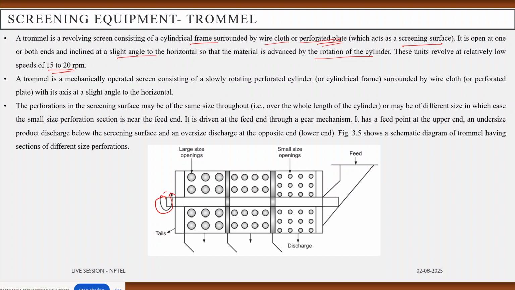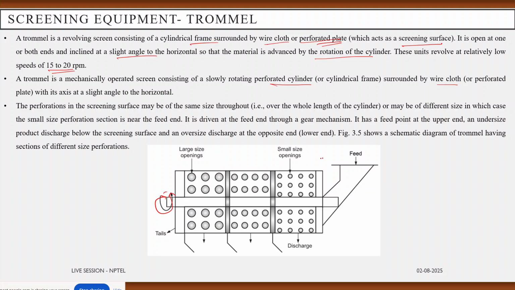So a trommel is a mechanically operated screen consisting of a slowly rotating perforated cylinder surrounded by a wire cloth or perforated plate, with its axis placed at a slight angle to the horizontal. The perforations in the screen surface may be the same size throughout, or they may be different.